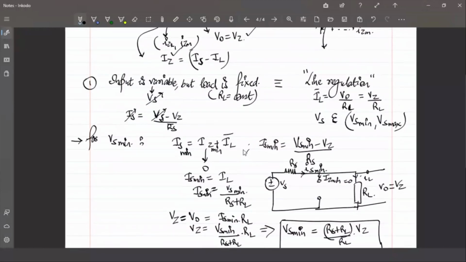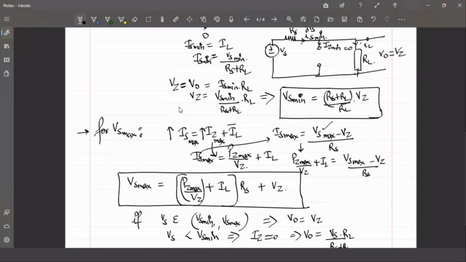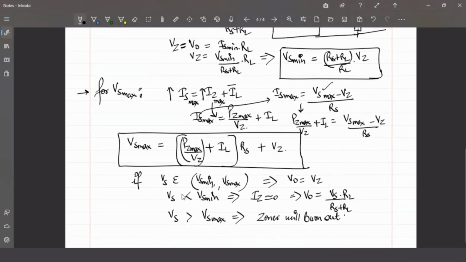So this is actually known as line regulation of the Zener diode voltage regulator. That means even if the voltage is within this range, Vs minimum to Vs max, your output voltage will still remain constant.